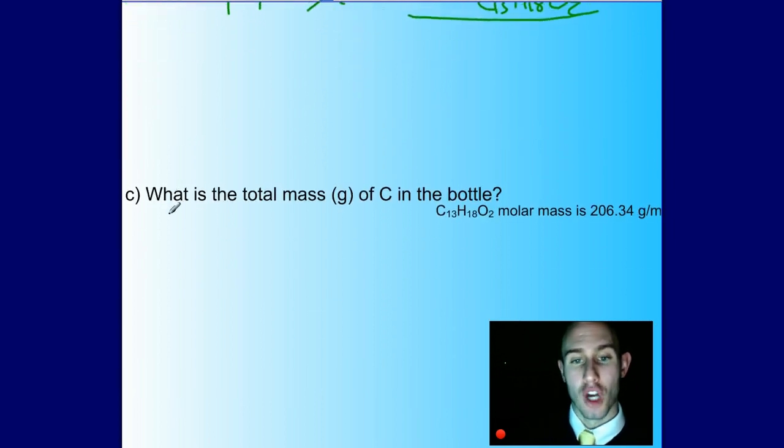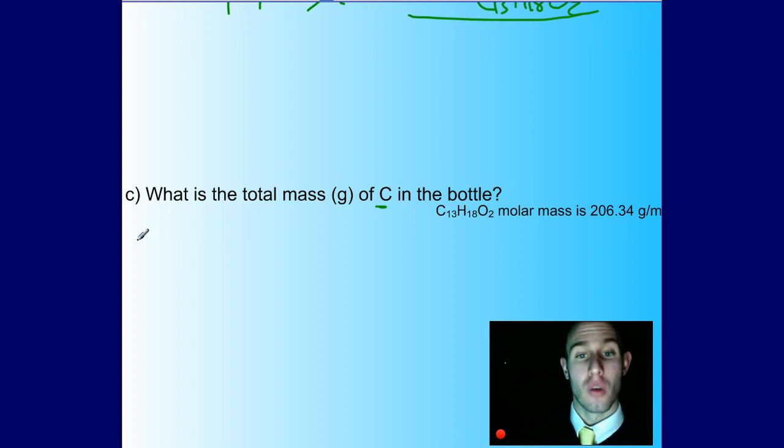Last problem. What is the total mass in grams of carbon in my bottle? Knowing that there's the formula for ibuprofen and the molar mass of that compound is 206. So now I'm going to just go to C, just carbon out of the compound, which makes it a little bit more challenging.